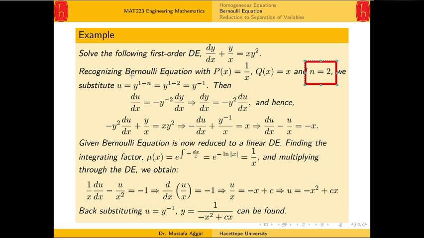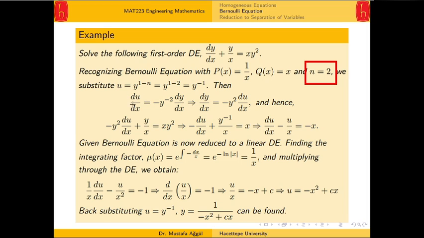Now we substitute u equals y to the 1 minus n. Y to the 1 minus n will be y to the 1 minus 2 because n is 2, and this is y to the negative 1. So we substitute u equals y to the negative 1. When we do that, we need to take the derivative on both sides.